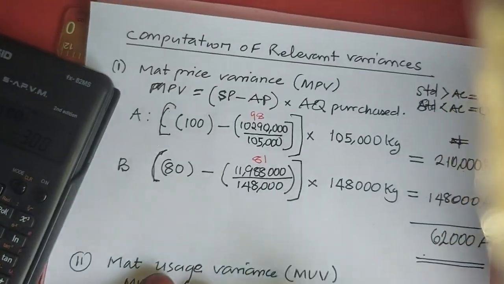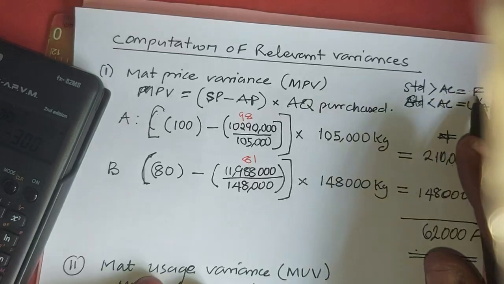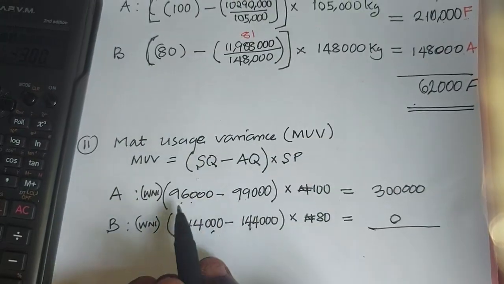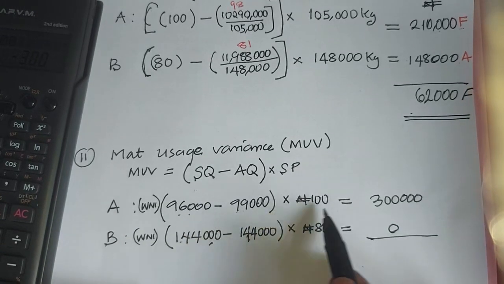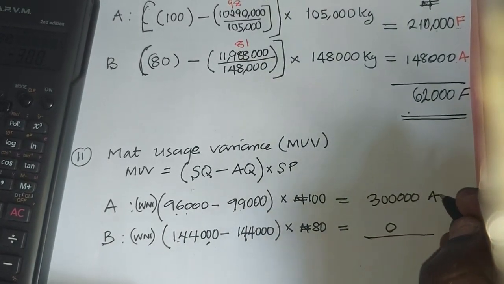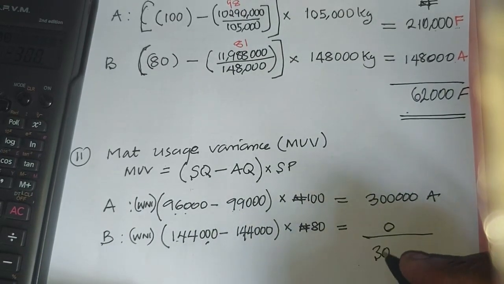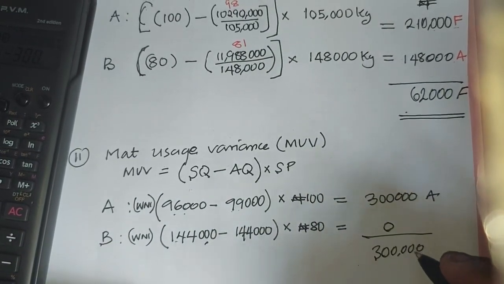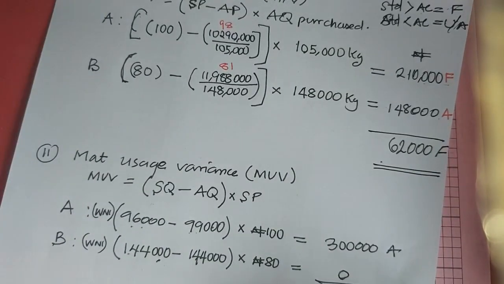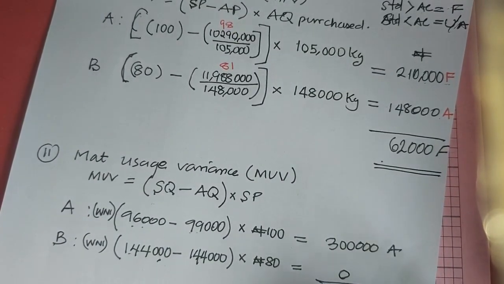I told you when the standard is more than the actual, it is favorable. But when the standard is less than the actual, so the standard here is less than the actual rather, it's going to be unfavorable. That's adverse or unfavorable, and this will give you 300,000 adverse. So students will take notes of that. Are you with me? All right, class.